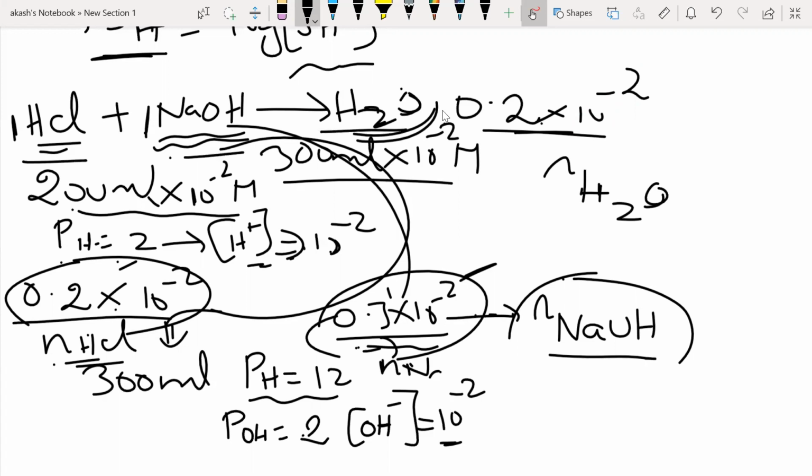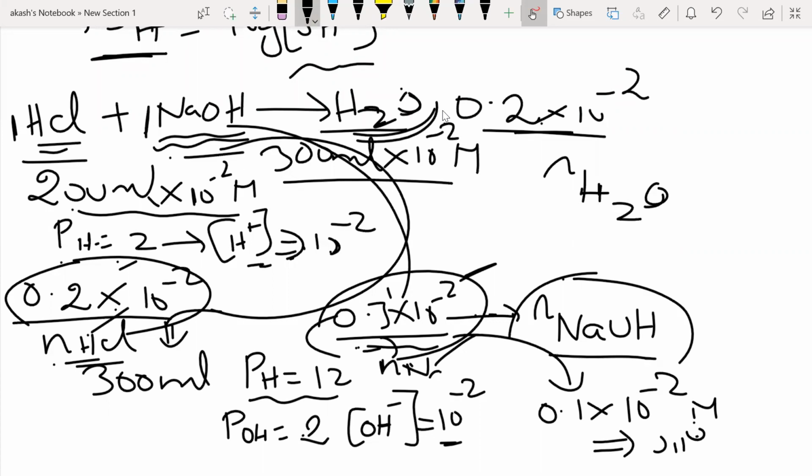That means 0.2 of this, 0.2 of this will obviously give me 0.2 of H2O. Correct? So now tell me what is remaining? Can I say 0.1 into 10 to the power minus 2 M of OH minus or NaOH is what is remaining? I can tell you it as OH minus ions.